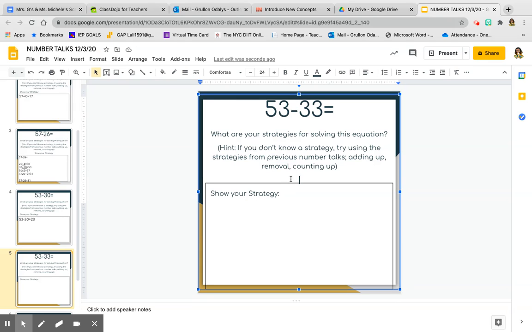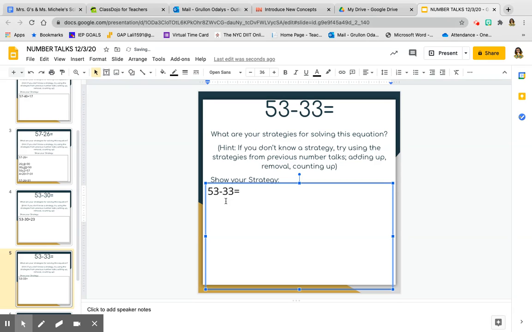Here is our last number talk for today. Here we have 53 take away 33. So again, I'll give you guys a chance to think about what strategies you would use to help you solve this one. All right.